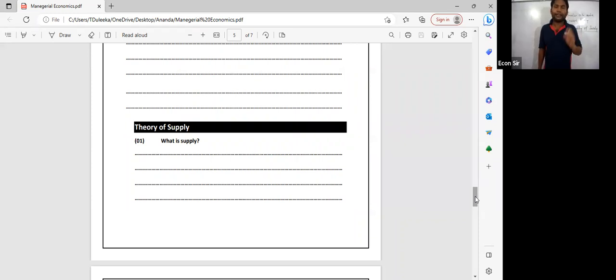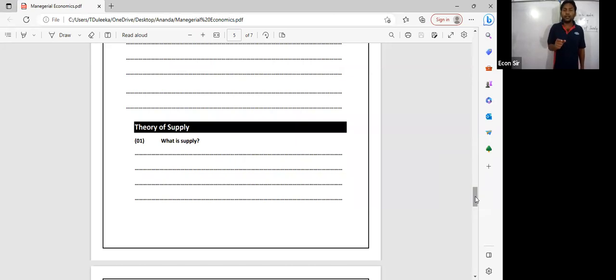At that time, we clearly mentioned what demand is: the quantity demanded at different prices determined in the market. Like that, in the same scenario, you have to apply here. Supply is the quantity supplied at different prices determined in the market.